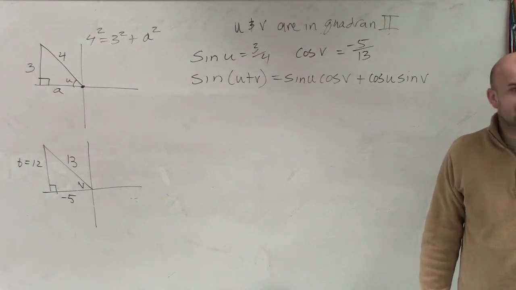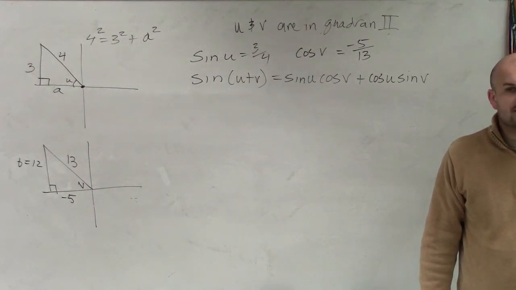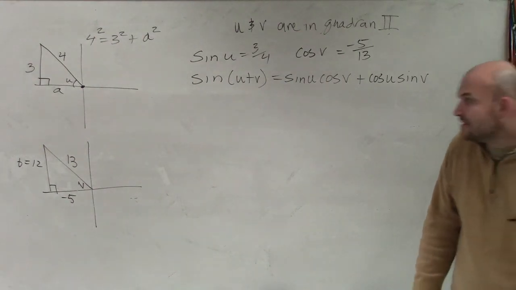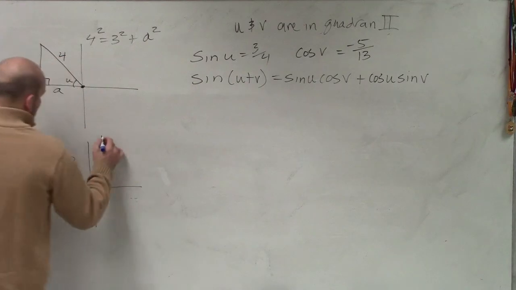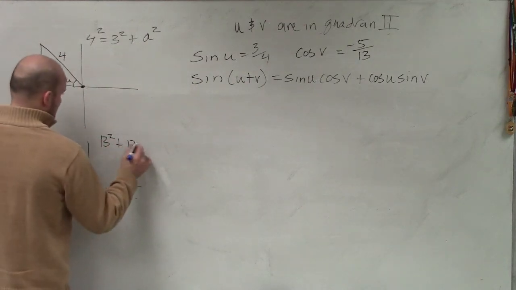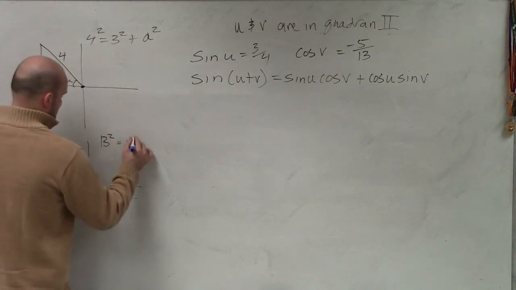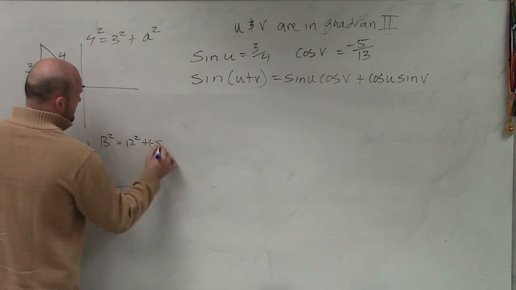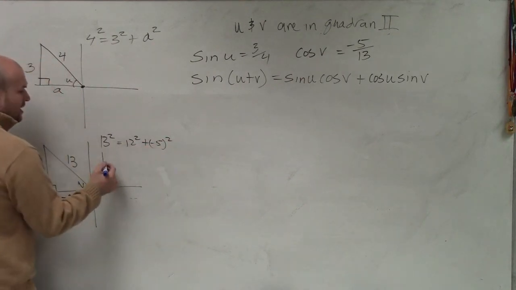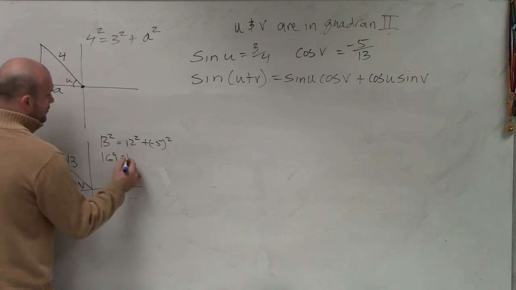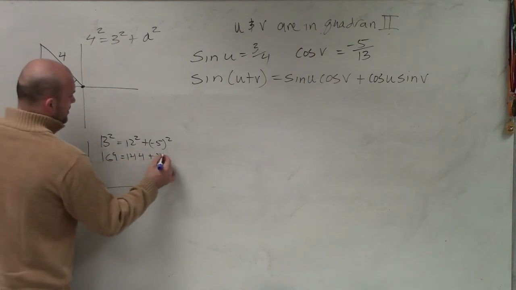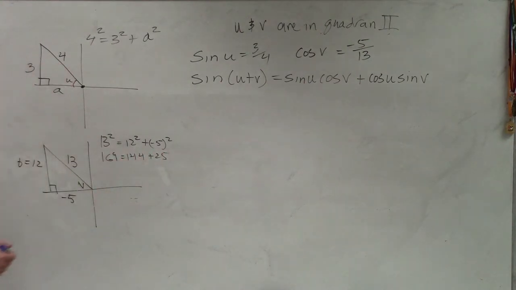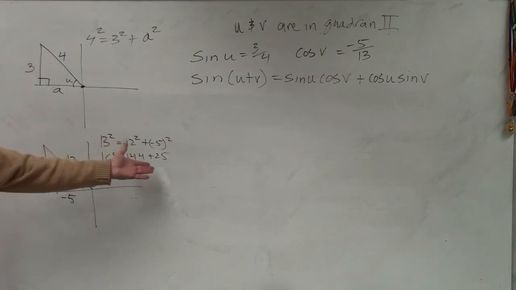Do the Pythagorean theorem. Watch: 13 squared equals 12 squared plus negative 5 squared. 13 squared, 169, equals 144 plus 25. You can see that obviously works.